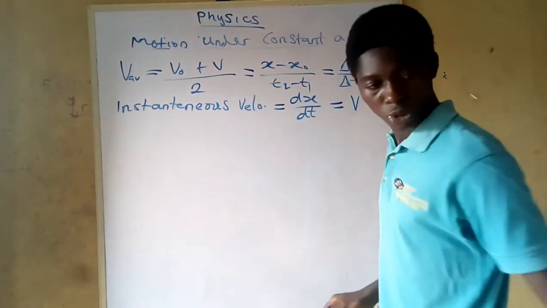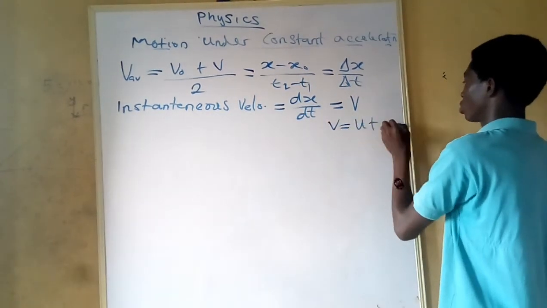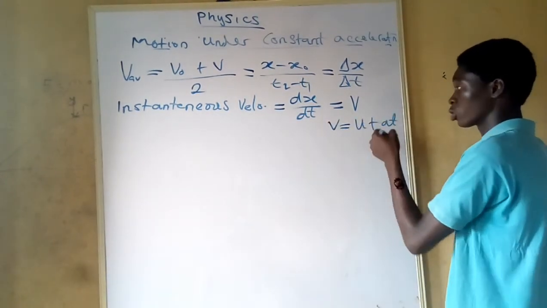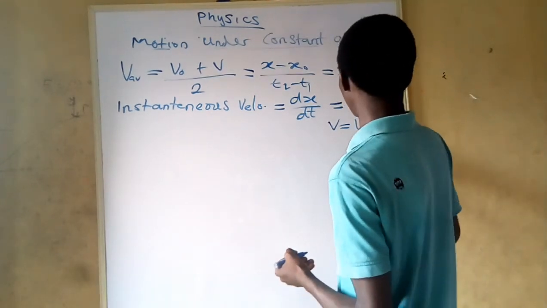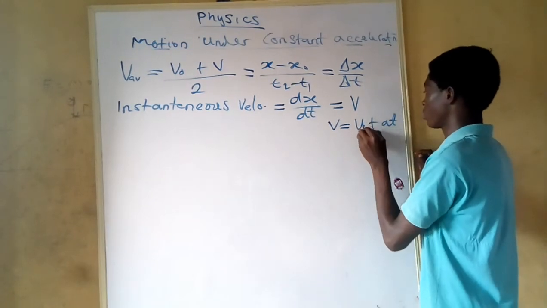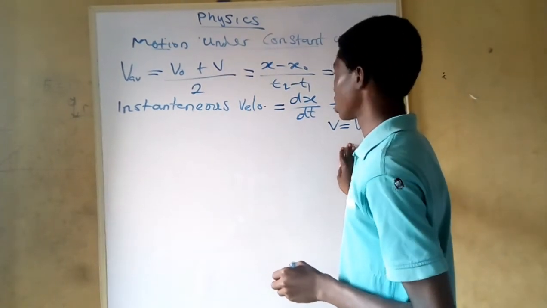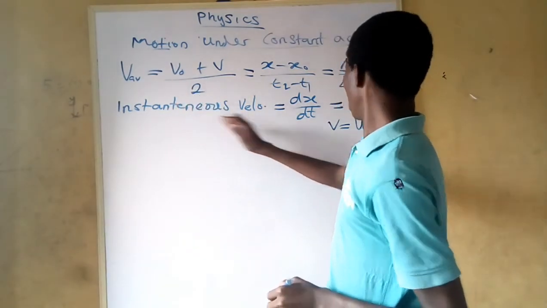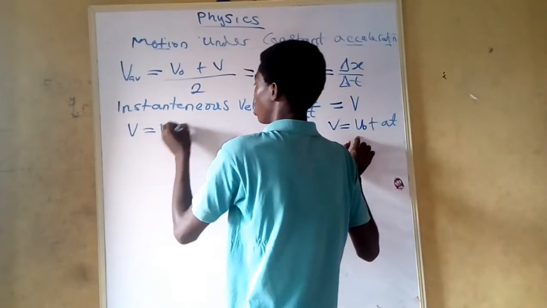I'm going to write it at this side here. v equals u plus at, or v naught plus at. Okay, let me use v naught because we have been using v naught since. v naught there is the initial velocity.